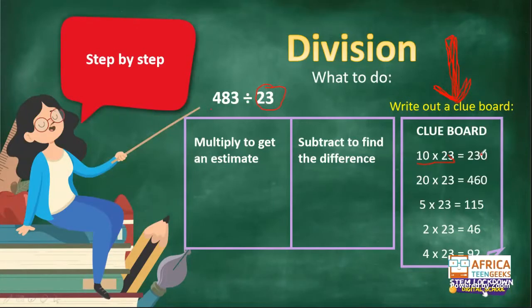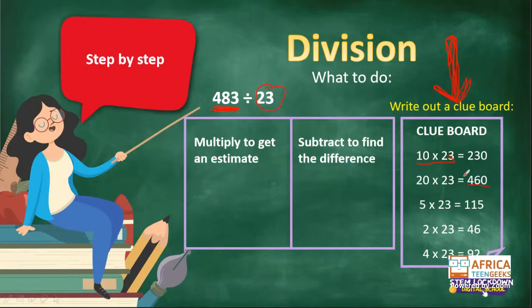Then in my mind, I'm going to double it again. So from this number, 230, if I double it, I get 460, and that is 20 times 23. Now, just keep an eye on the big number here. You need to get to 483.